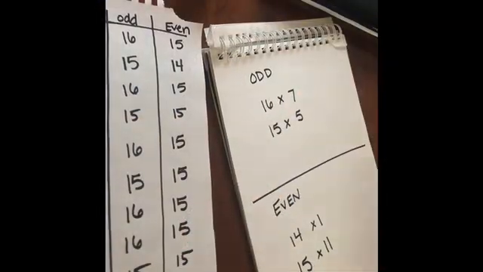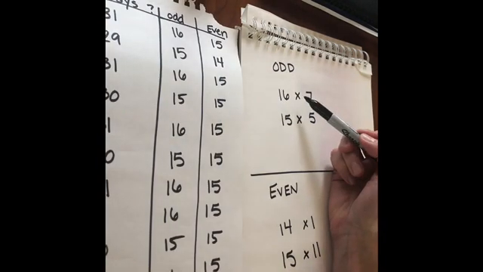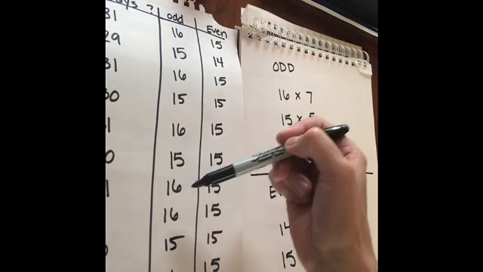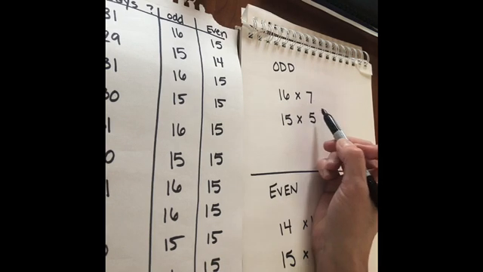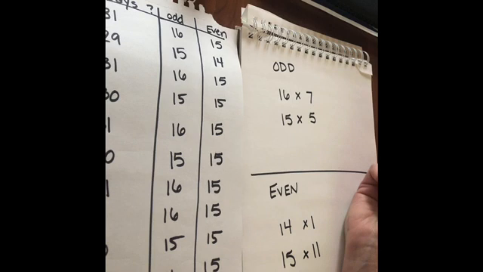So maybe you noticed that I collected this information as a multiplication problem because when numbers repeat, 16, 16, 16, 16, that's a multiple. I'm multiplying 16, 7 times.